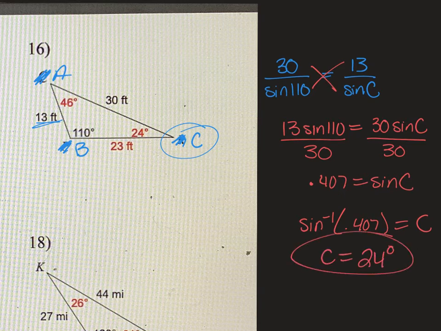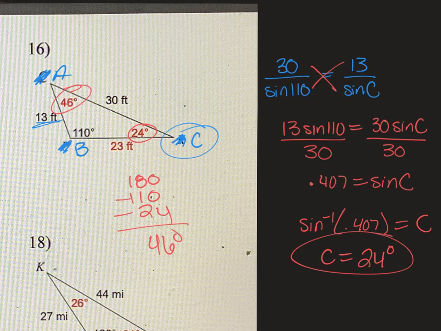And then now that you know that that's 24, you can do 180 minus 110 minus 24, which gives you the 46 for the other angle.